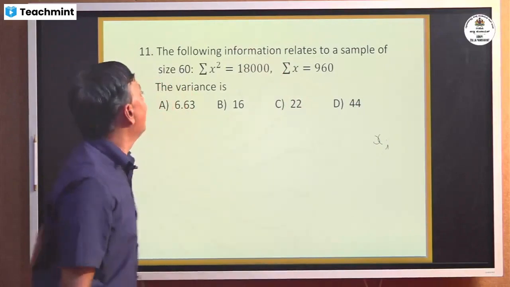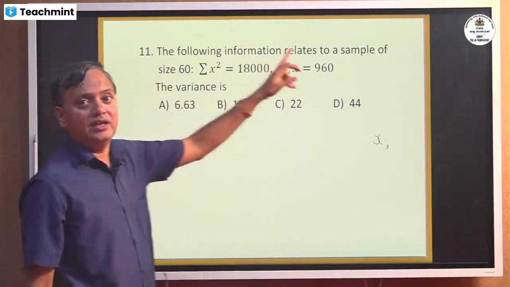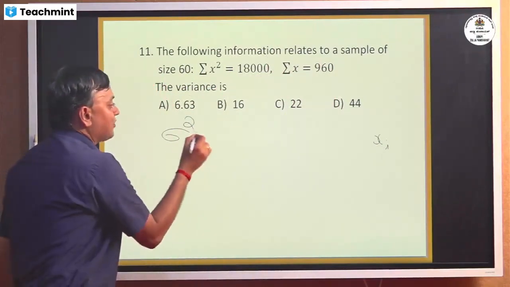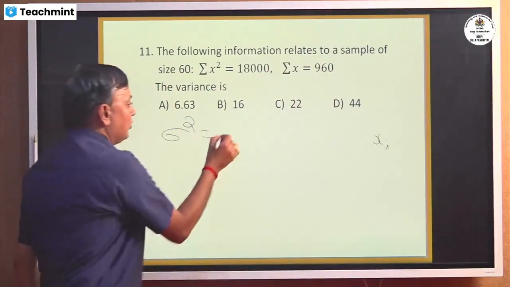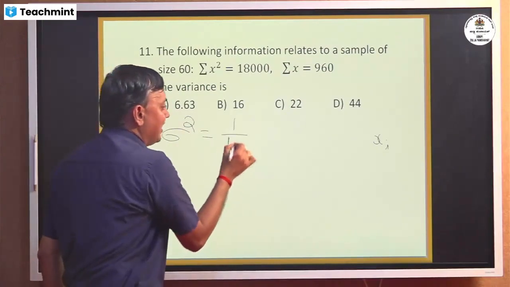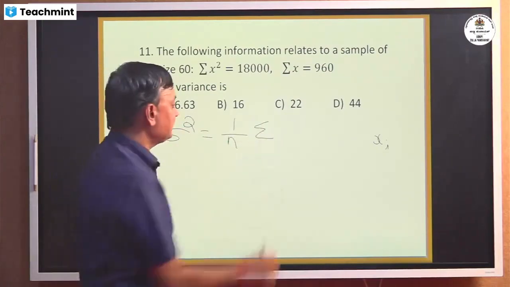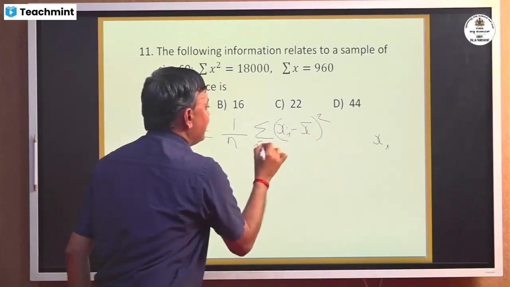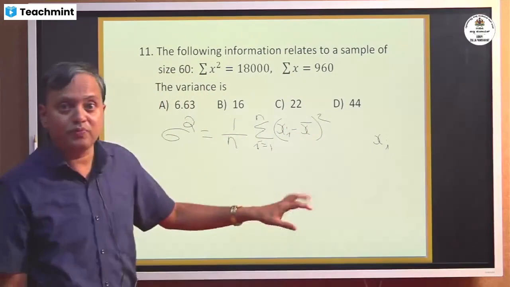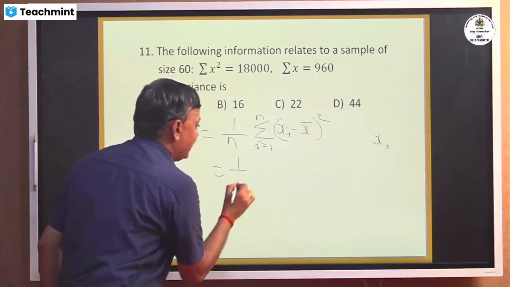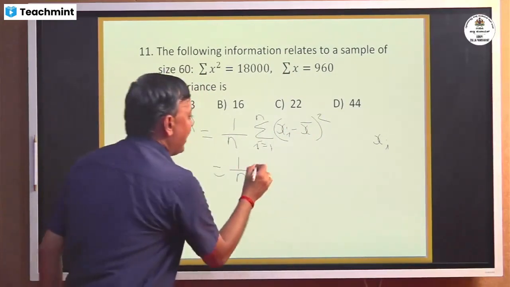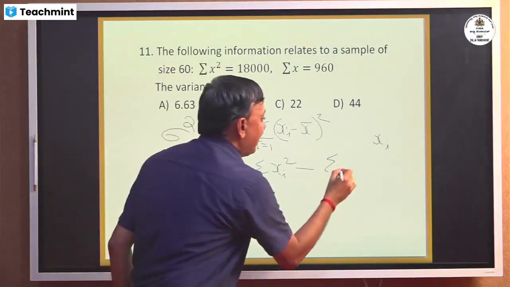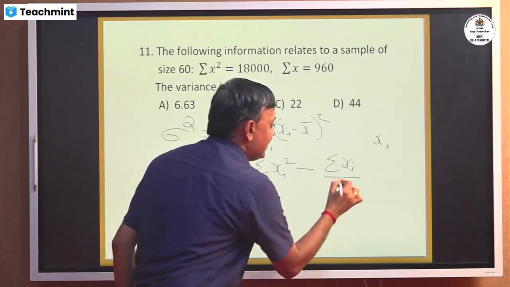Now sigma x square is given, sigma x is given, and we want the variance. What is sigma square? One formula is 1 by n into sigma xi minus x bar whole square, where i varies from 1 to n, correct? One more formula is 1 by n into sigma xi square minus sigma xi by n whole square.